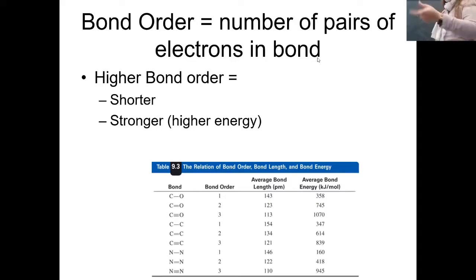Okay, so this is our counterexample, the exception that proves the rule. And then going to our third layer, we add even more. So this would be like 1 plus 2 plus 3. Each time we're adding more than we added the last time. Okay, so nitrogen's a little bit off. And the point of that is we rarely see nitrogen-nitrogen single bonds, and even nitrogen-nitrogen double bonds are unusual.